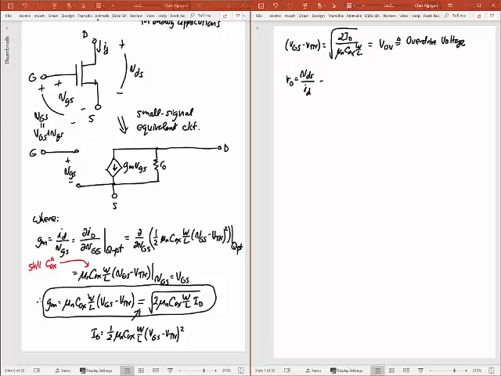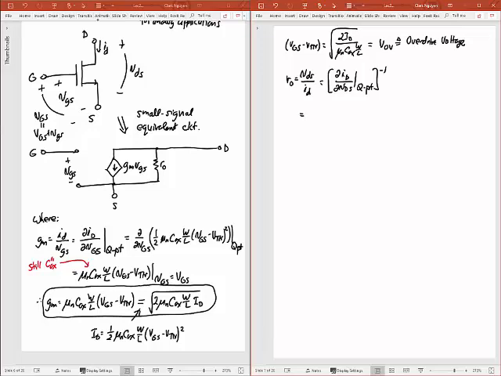So I'm just going to write this as the reciprocal of the derivative of the ID equation versus VDS. These are large signal quantities here, evaluated at the operating point. And I said the reciprocal, so I'll take that to the -1 power.